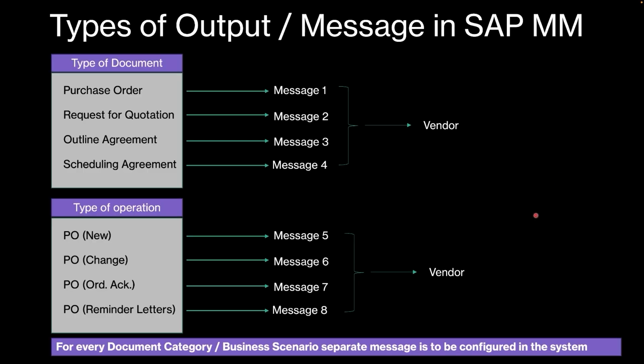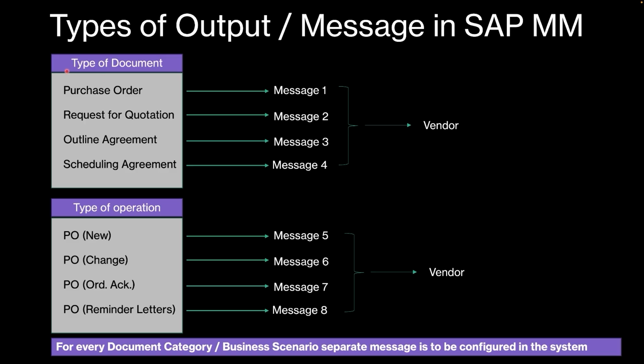Okay, now let's understand the requirement of having multiple message types in the system. Let's say that you are creating a purchase order. So this message type will basically depend upon the type of document and the type of operation. Basically, we can say that you will need to maintain multiple message types to cater to multiple scenarios or requirements.